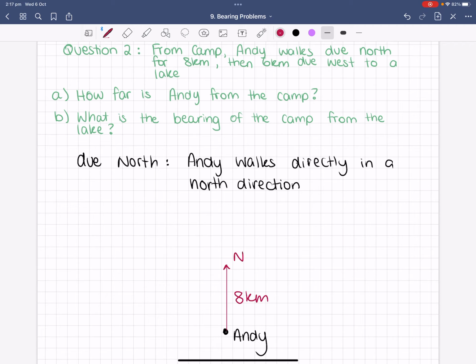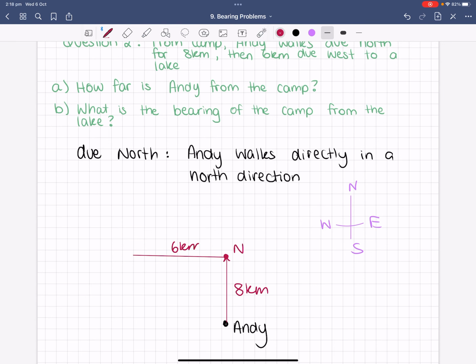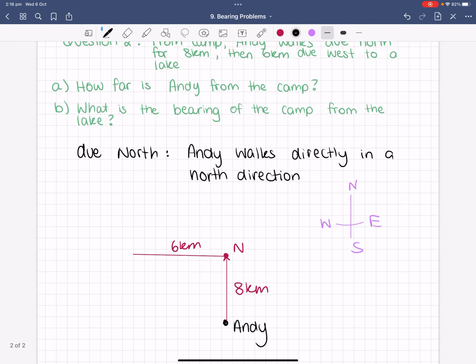And then from this point, he walks 6 kilometers directly west to a lake. So that means he goes literally directly in that west direction, because remember, we've got north, east, south, and west. So he walks 6 kilometers that way, and this is where he ends up, at a lake.